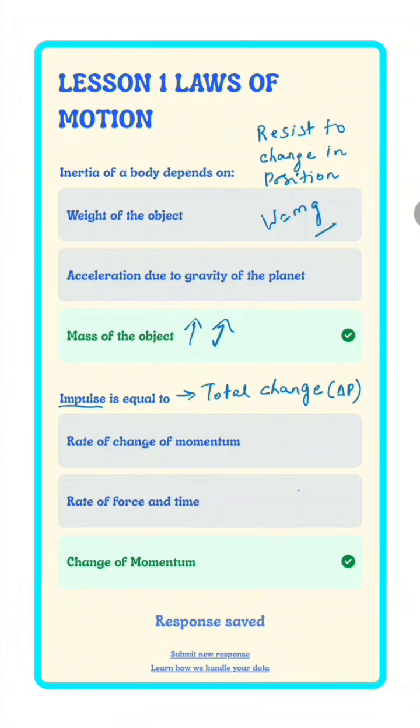Your second question: impulse is equal to the total change, delta P. So how do we calculate delta P?